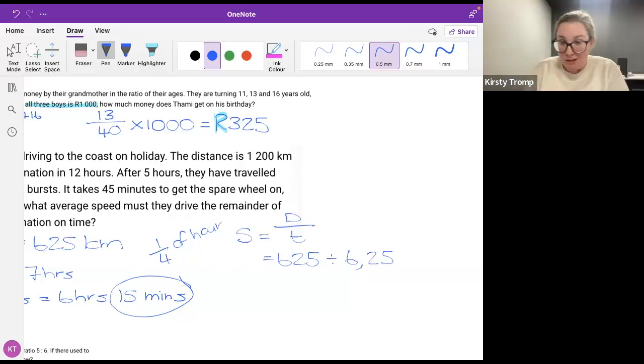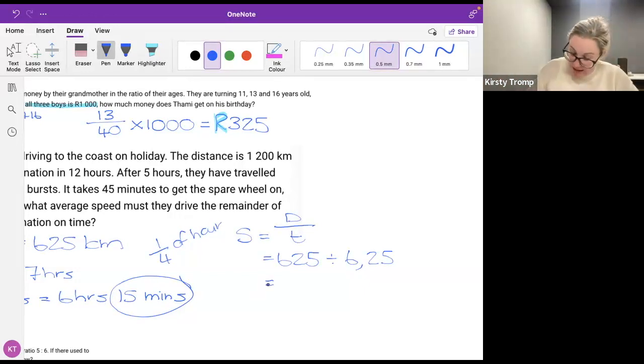So I can't put it into my calculator as comma 1, 5, because comma 1, 5 is actually 15 over 100, not 15 over 60, which is completely different. So remember that when you're putting in 15 minutes on your calculator, it's a quarter of an hour, and a quarter in decimals is comma 2, 5.